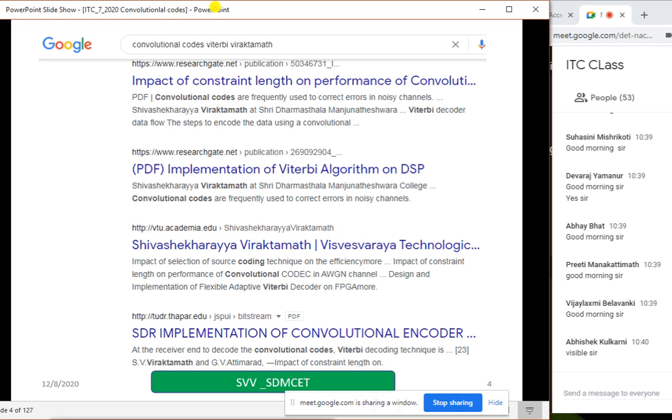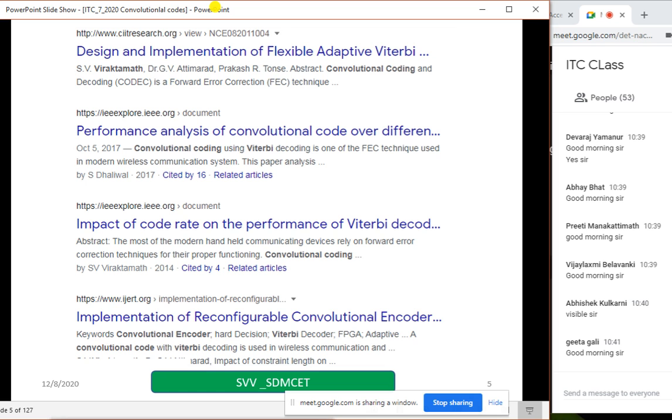Our papers are also referred to by many other authors in different journals and conferences. These are the samples I got when I googled my name with convolutional codes and a Viterbi decoder.